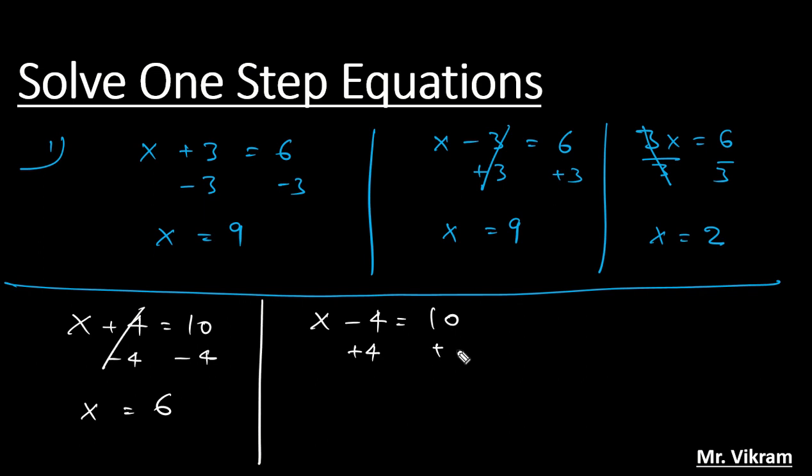So what we are doing here is the opposite. If it is plus, then minus. If it is minus, then plus. If it is divide, then multiply. If it is multiply, then divide. So all the opposite operation, right? So in this question, x is equal to 10 plus 4, which is 14.